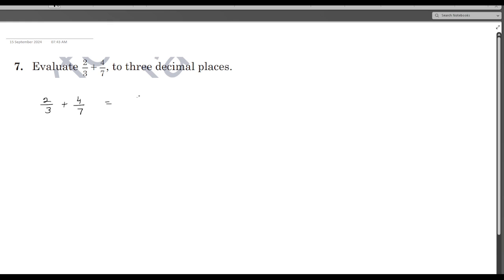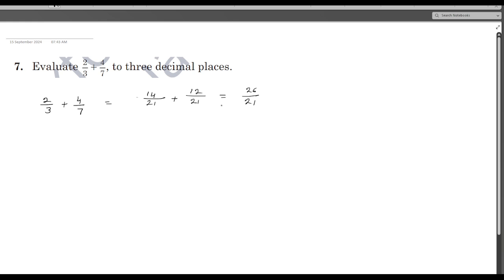So let us write 2 divided by 3 by multiplying both numerator and denominator by 7. So 2 times 7 is 14. 14 divided by 21 plus, 7 times 3 is 21, 4 times 3 is 12, 12 divided by 21. So here 14 plus 12, 4 plus 2, 6. So this is 26 divided by 21.